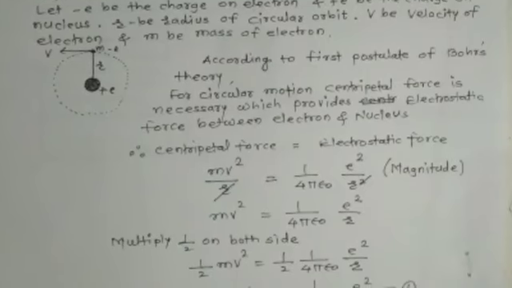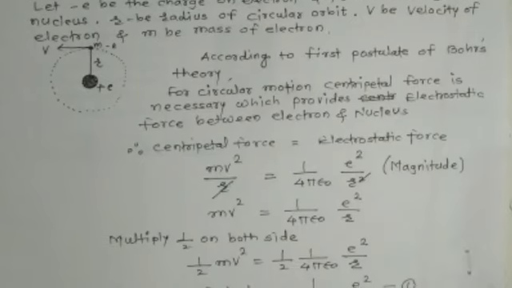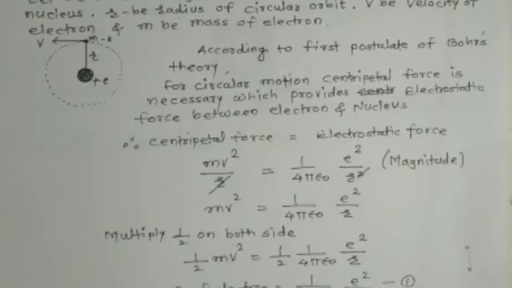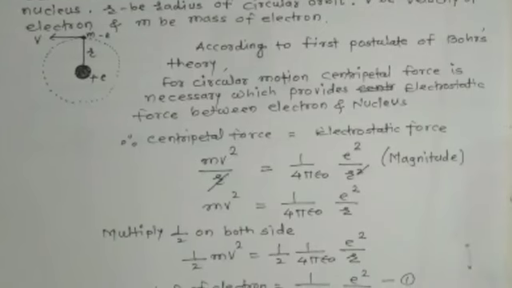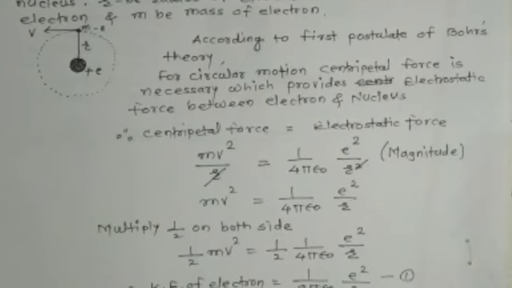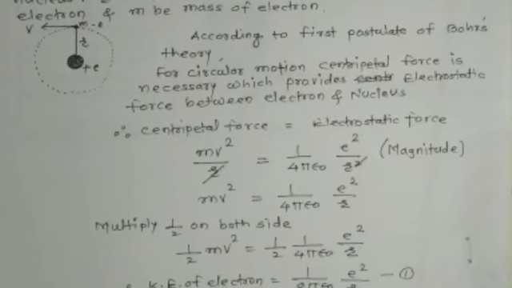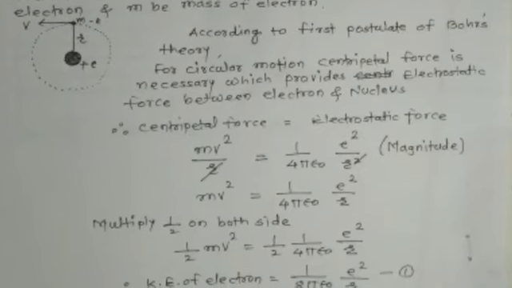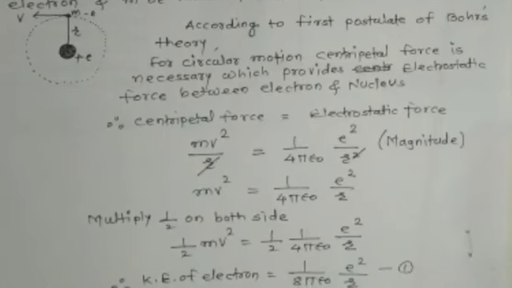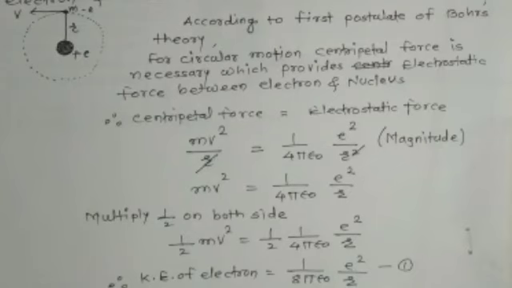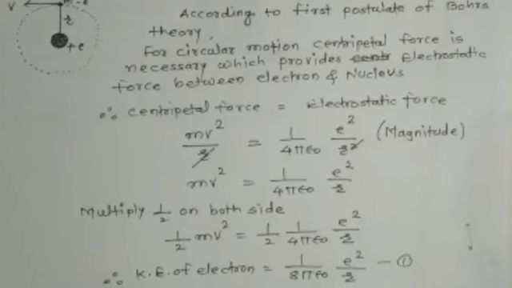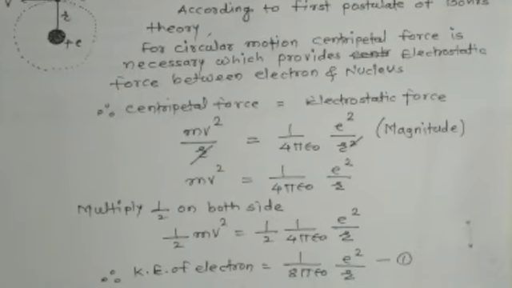Therefore, centripetal force is equal to electrostatic force: mv square upon r equal to 1 upon 4 pi epsilon 0 e square upon r square in magnitude. So r gets cancelled. Therefore, mv square equal to 1 upon 4 pi epsilon 0 e square upon r. If we multiply by half on both sides, half mv square is equal to half into 1 upon 4 pi epsilon 0 e square upon r.